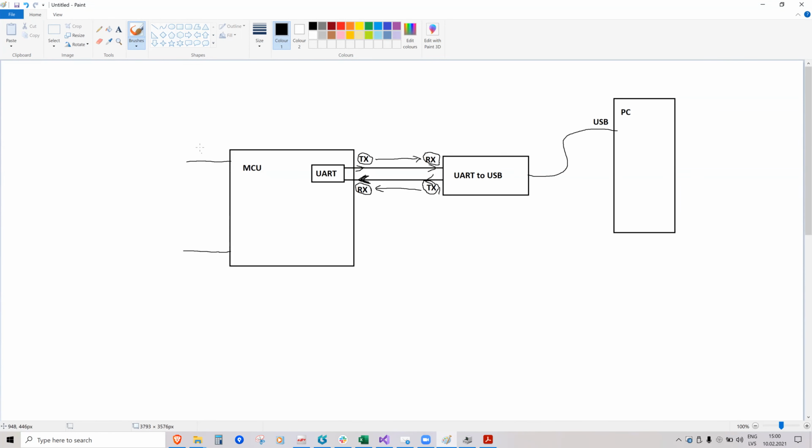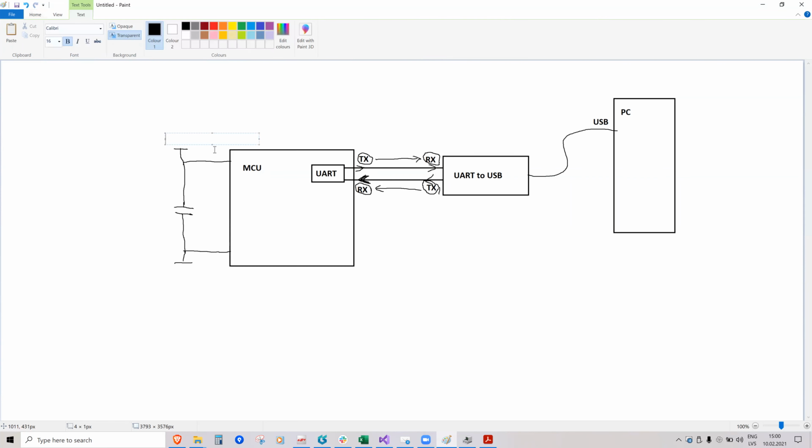Okay, I'll just draw it here. So all microcontrollers have some capacitor to smoothen out some bad power supply noise, right? And here is the power supply, VCC, for example. I'll write it with the text tool, that will be better. VCC, so some power supply.